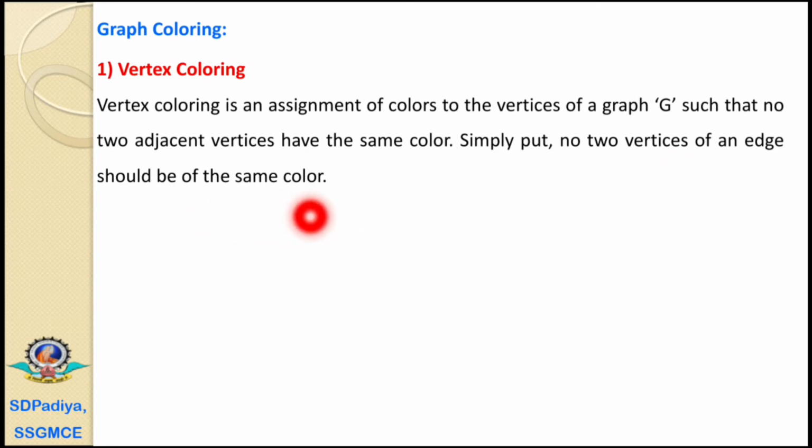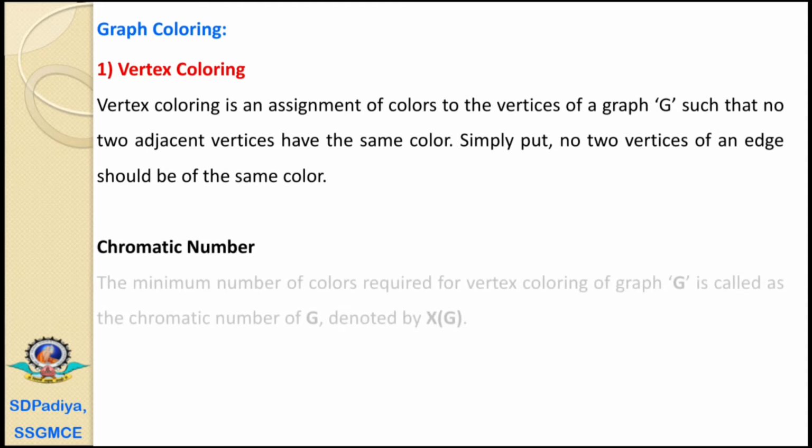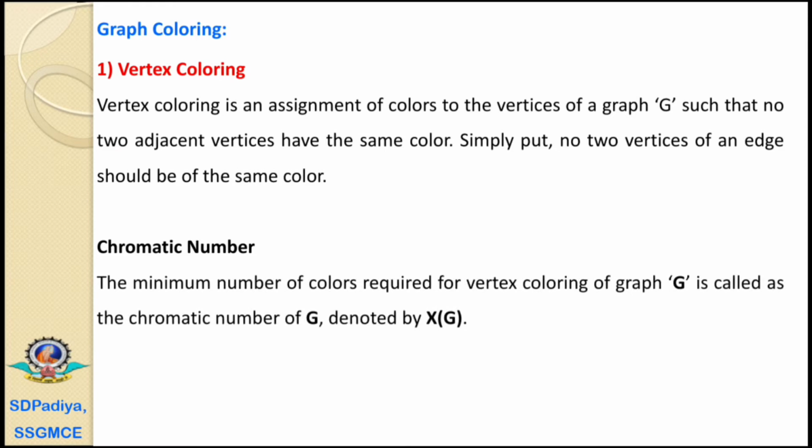Means the vertices which are connected by an edge should not be of the same color. The minimum number of colors required for the vertex coloring of a graph G is called the chromatic number of graph G, and it is denoted as X of G.